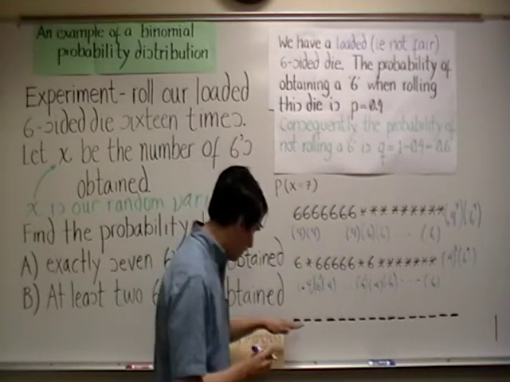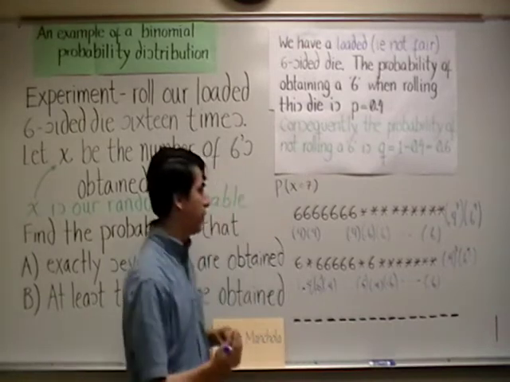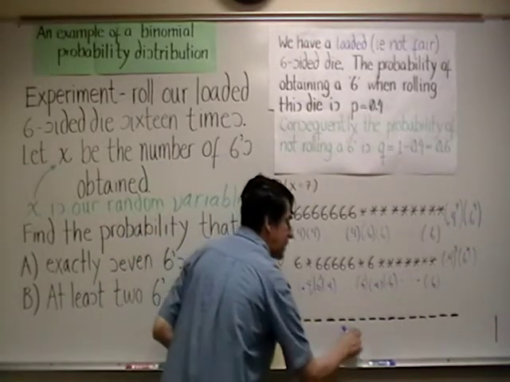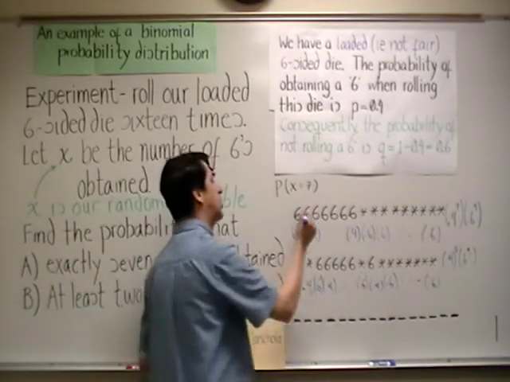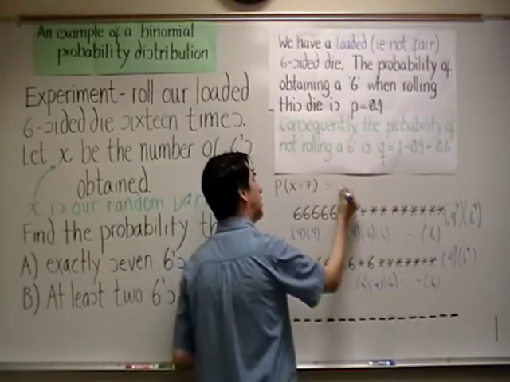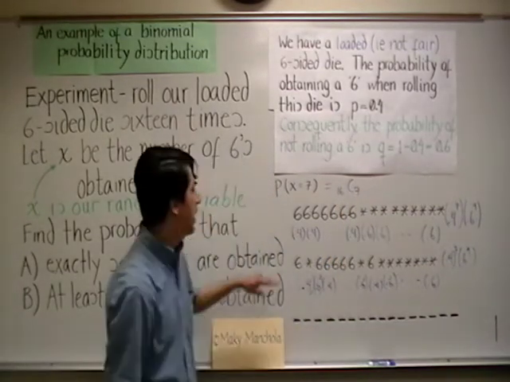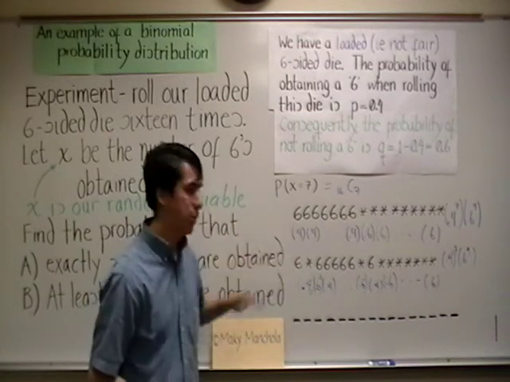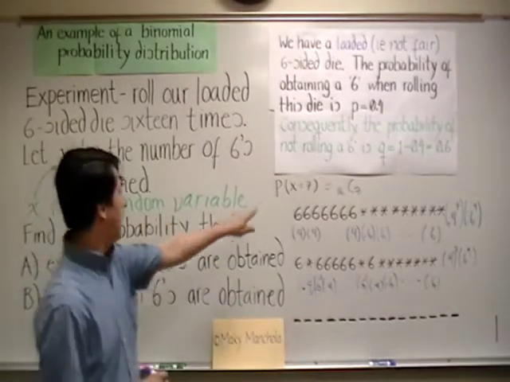Well, let's take a look at what we need to find out. We need the number of ways to position 7 6s in 16 slots. How much is that? Well, that's going to be 16 choose 7. So there are 16 choose 7 possible outcomes that satisfy our condition x equals 7.